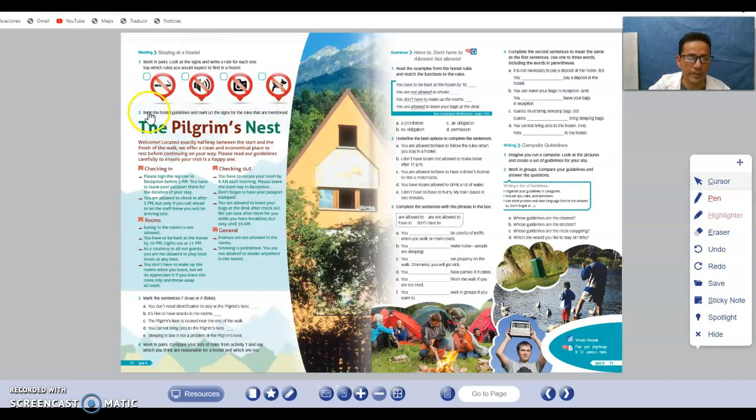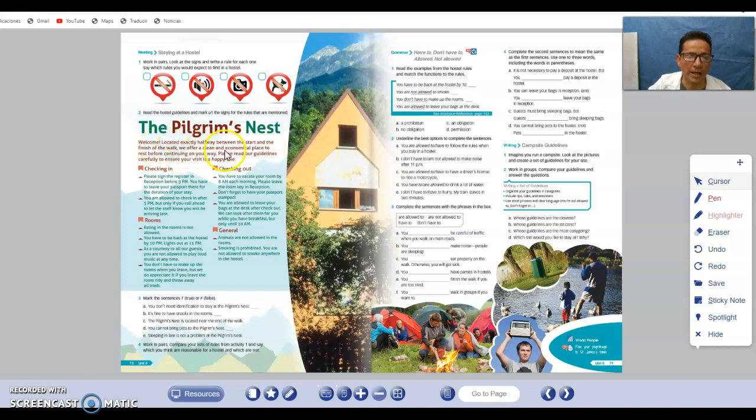2. Read the hostel's guidelines, and mark tick the signs for the rules that are mentioned. The pilgrims next. Welcome, located exactly halfway between the start and the finish of the walk.